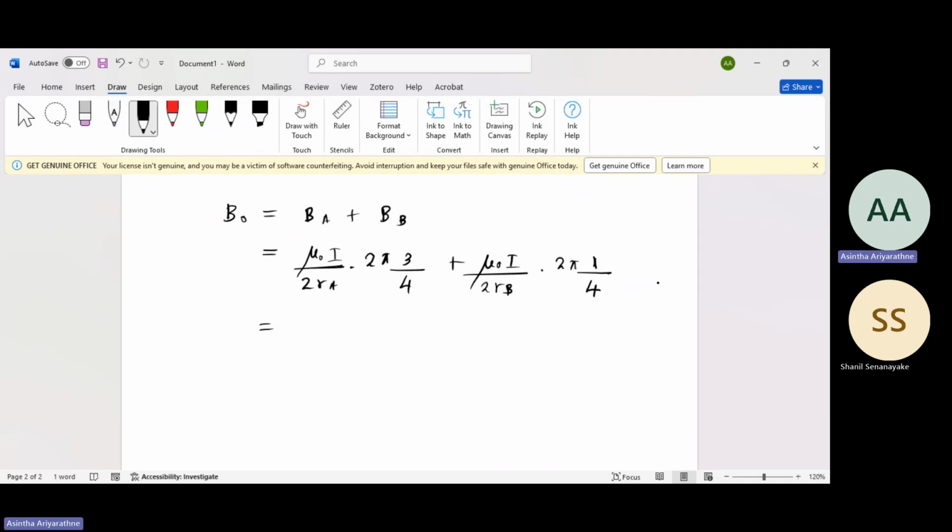I is 2 amperes, so the 2 gets cancelled out. I is common, 4 is common, 5 is also common, leaving the RA and RB terms.